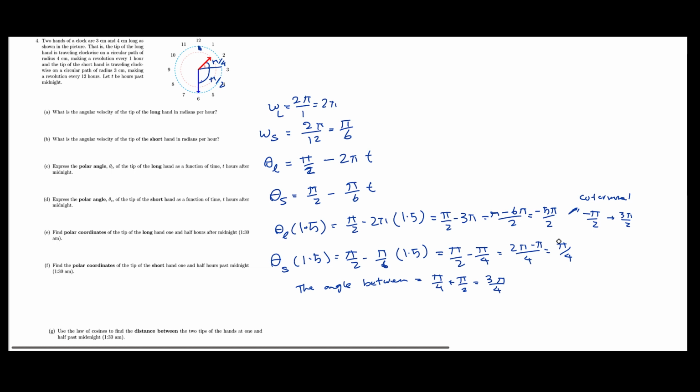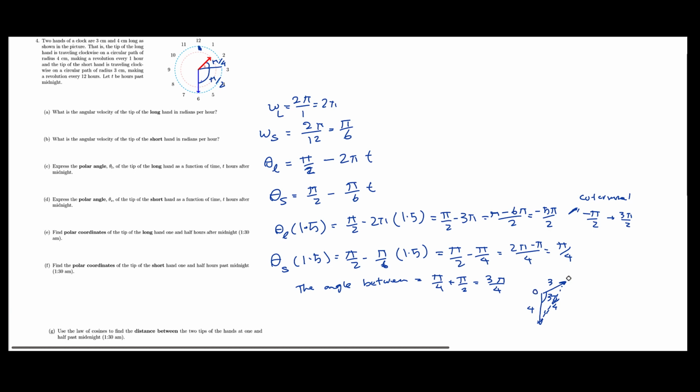Now, the last part is asking to use the law of cosines to find the distance. What the law of cosines is saying here is that you have a length 3 over here, a length 4 over here, and 3 pi fourths over here, and it's asking to find this other side.